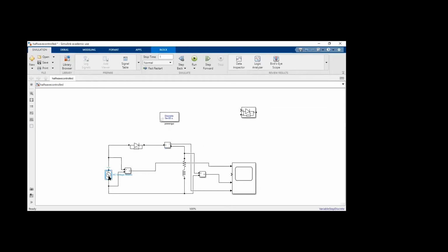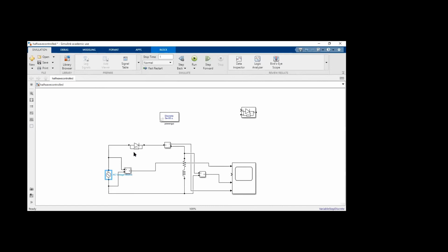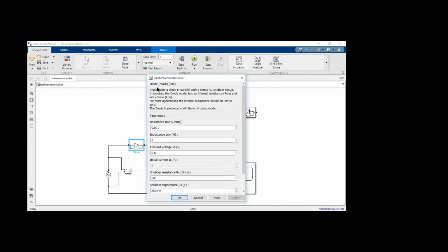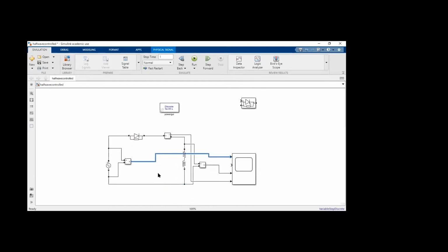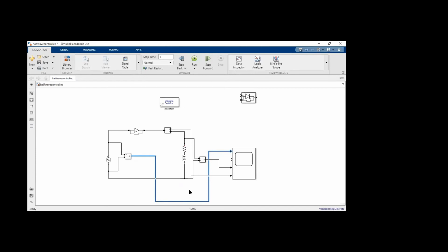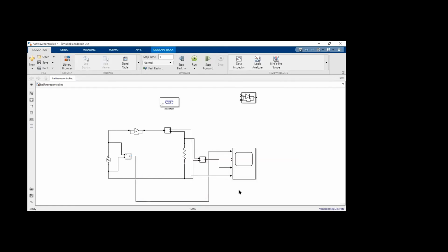There is an input voltage source of 230 volts, the RMS value we have considered. So input voltage, then there is a diode I have considered, this is a diode, and there is a current measurement block. This one you take from down. See, then the R load you will take first. This is half wave uncontrolled.